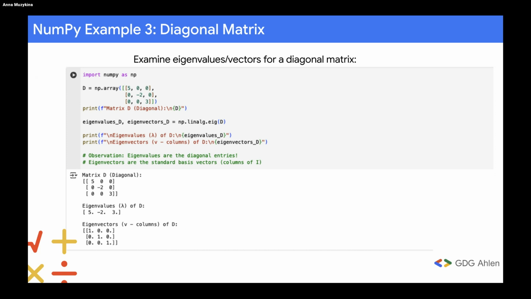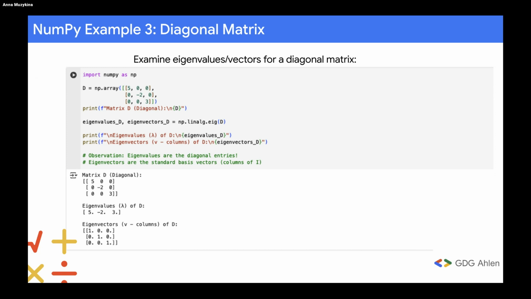Eigenvectors are unique only up to a scalar multiple. The columns are essentially the standard basis vectors. As you can see, 1, 0, 0, second row 0, 1, 0, and last 0, 0, 1.